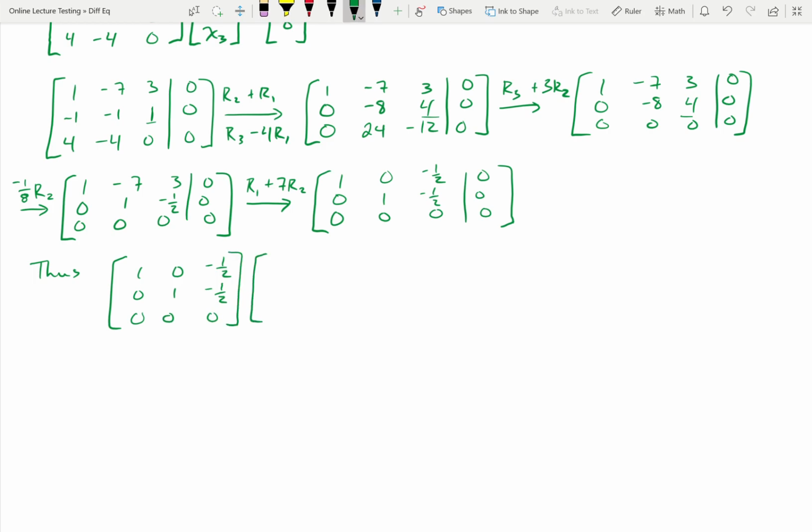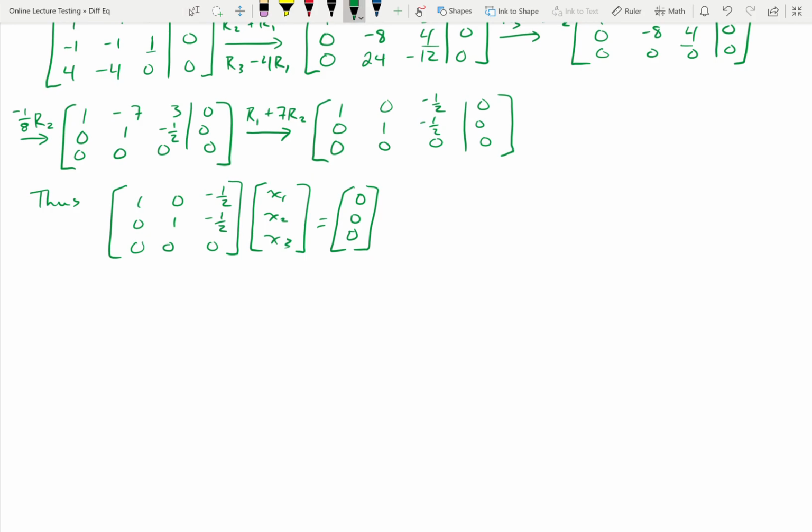So therefore, 1, 0, -1/2; 0, 1, -1/2; 0, 0, 0 times x1, x2, x3 is equal to our 0 vector, which means when we have a row of zeros here, x3 gets to be any value that we choose, provided that it's non-zero.